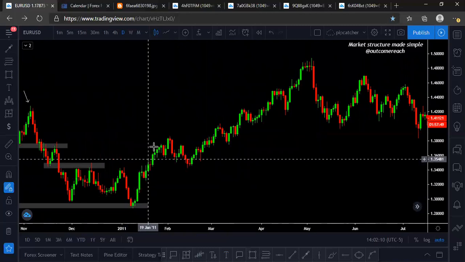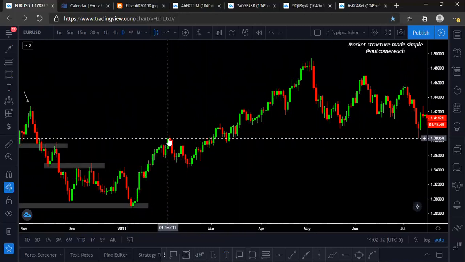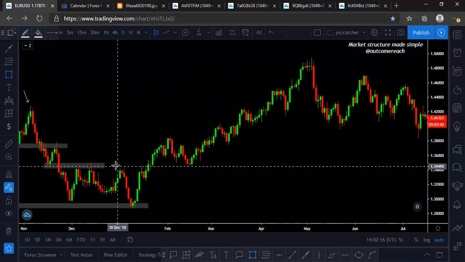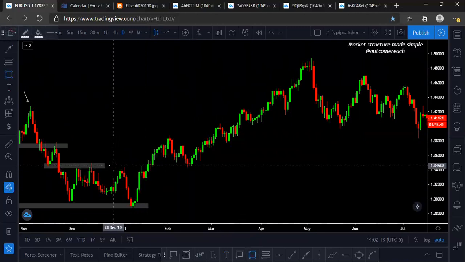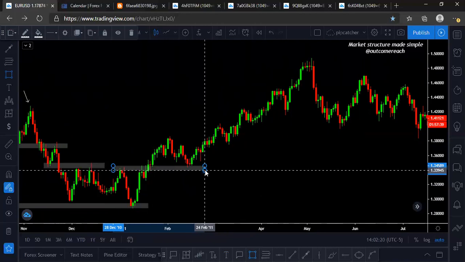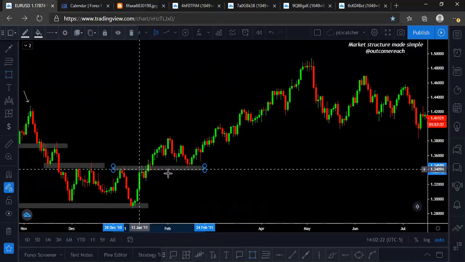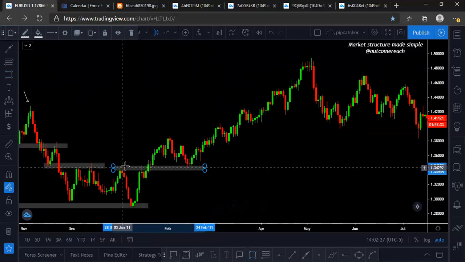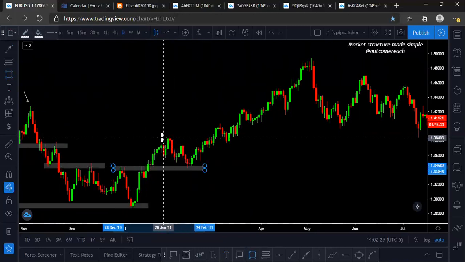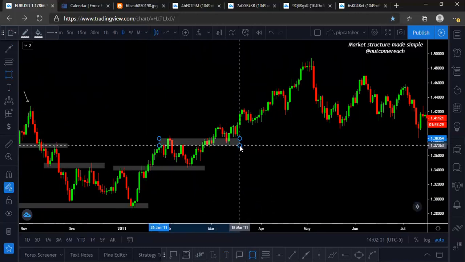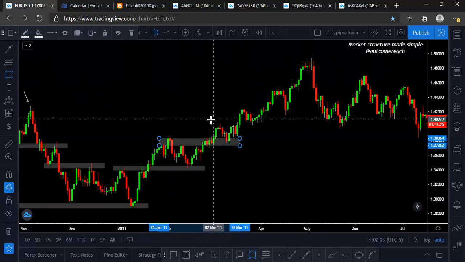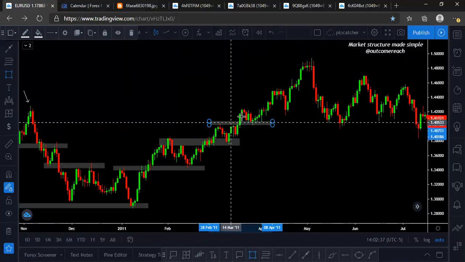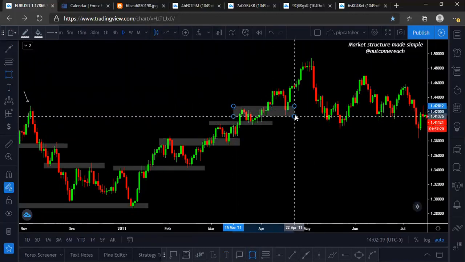We have a low, and then a new higher high, and then a higher low. So this previous high that got broken, if we just put a box or a zone there, you can see there's a test of structure. Structure gets tested by structure.